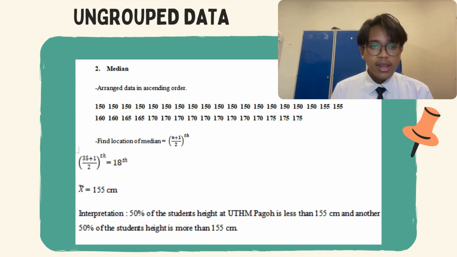So n is 35, plus 1, divided by 2 is 18. So the median of the data is at the 18th place, which is 155 centimeters. Which means 50% of students' heights at UTHM Pagoh are less than 155 centimeters, and another 50% of the students' heights are more than 155 centimeters.